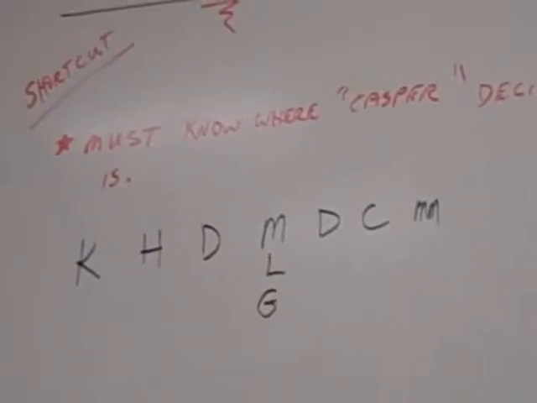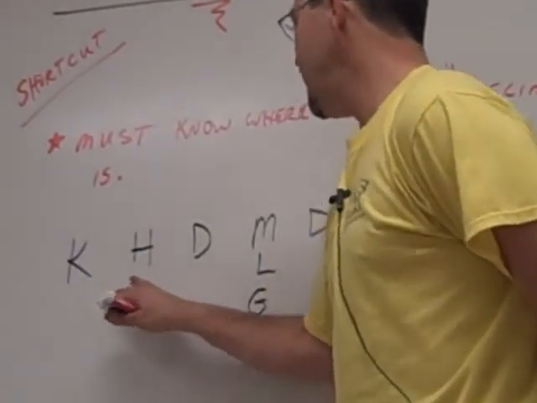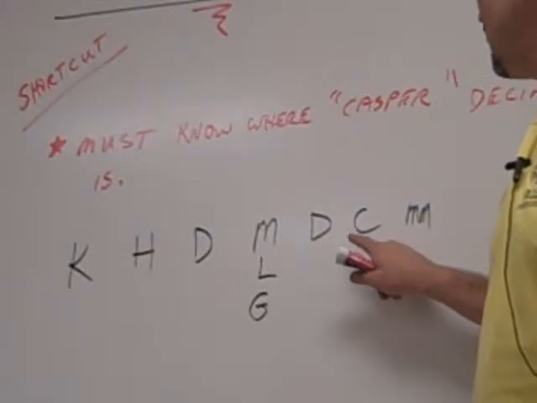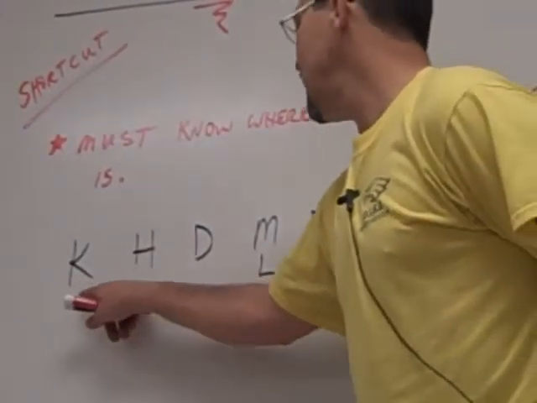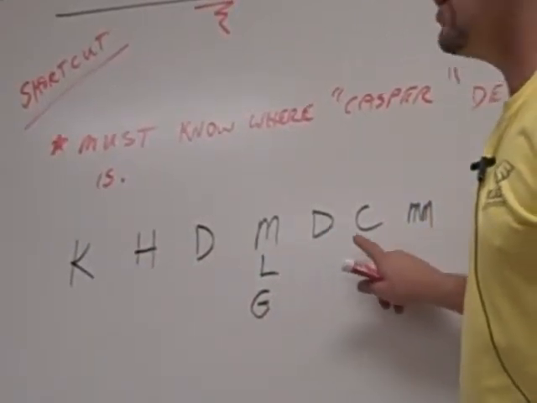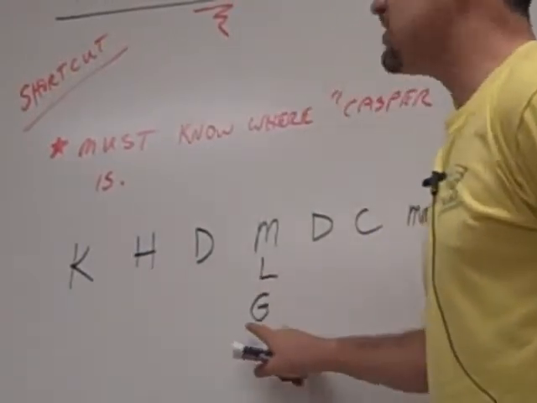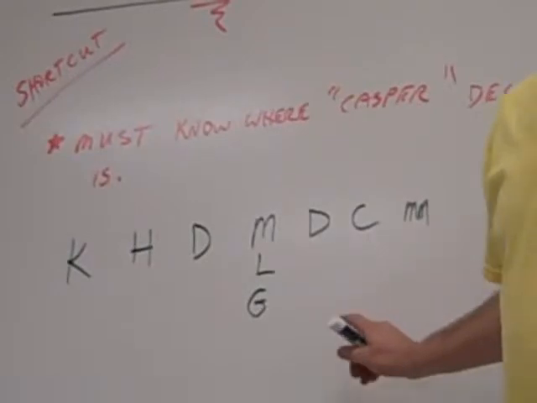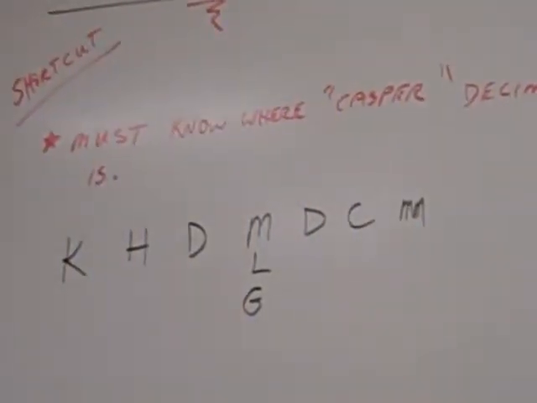Okay, mine is this. King Henry danced merrily down Central Main. King Henry danced laughingly down Central Main. King Henry danced gladly down Central Main. Those are way better, because it has that middle letter in there.